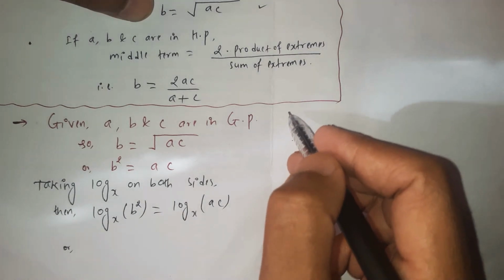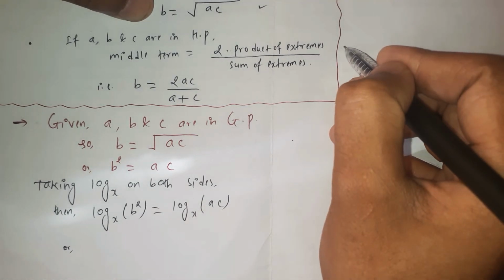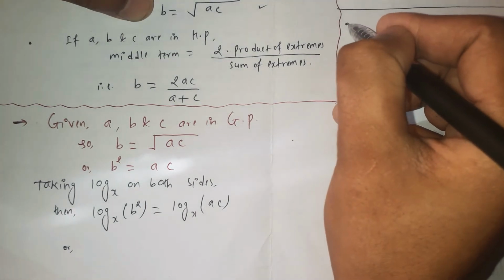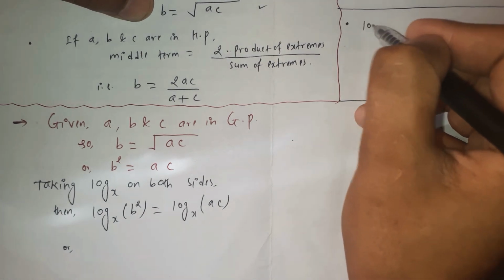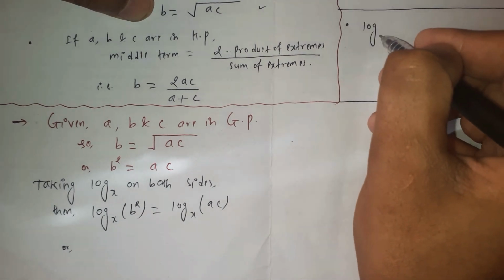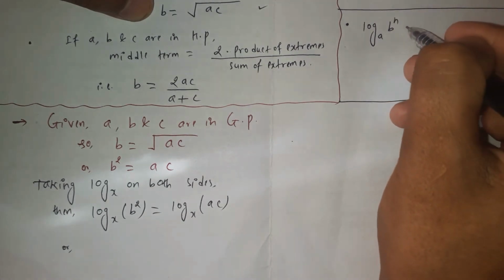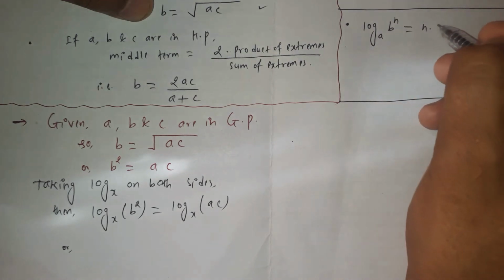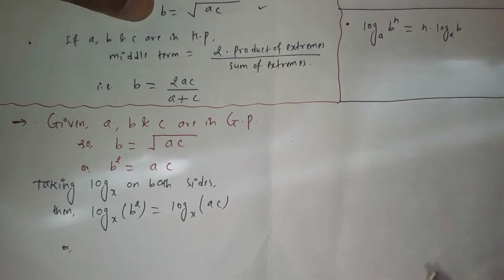Let me write here the formula related to the properties of the logarithm. Please remember a very important point. Log with any base a of a number b which is raised to the power n is exactly the same as n times log with base a of the number b.